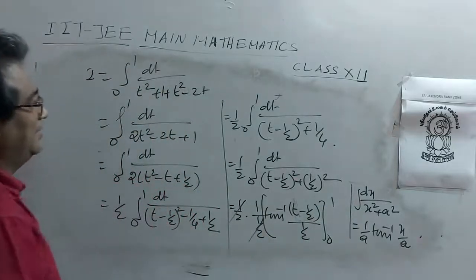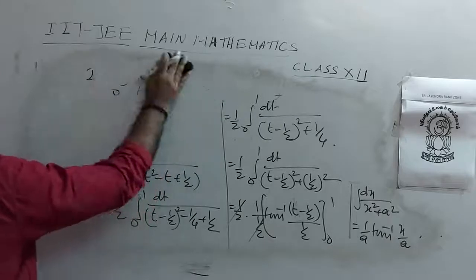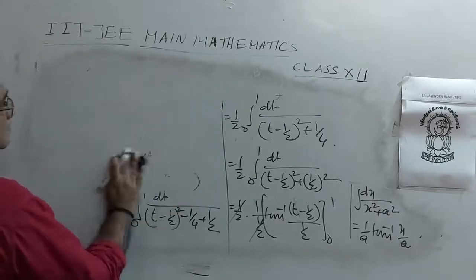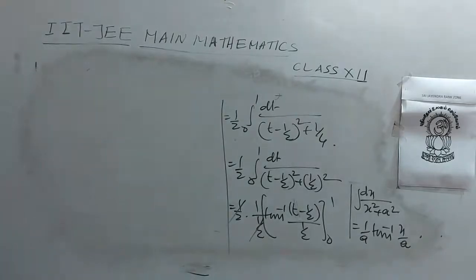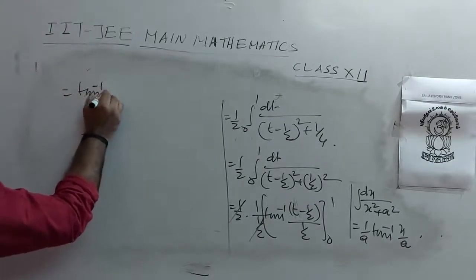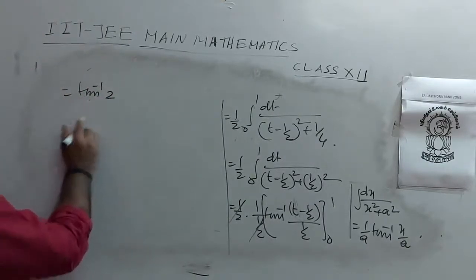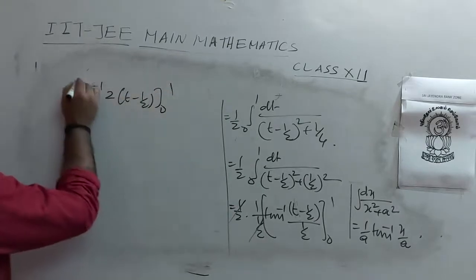This will be cancelled. Equal to tan inverse of 2 into t minus 1 by 2 over 0 to 1.